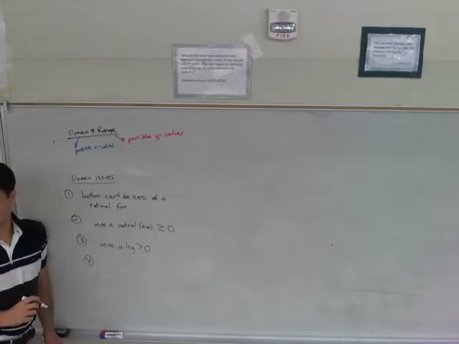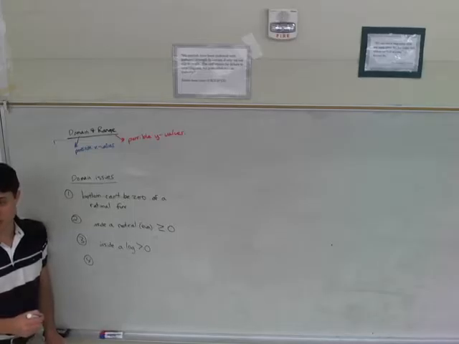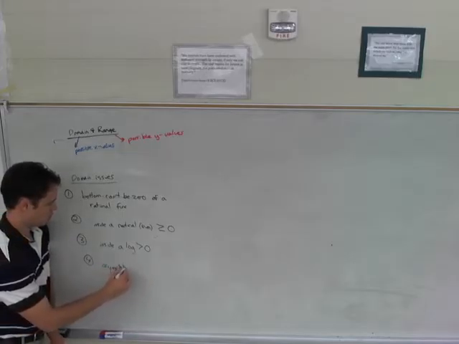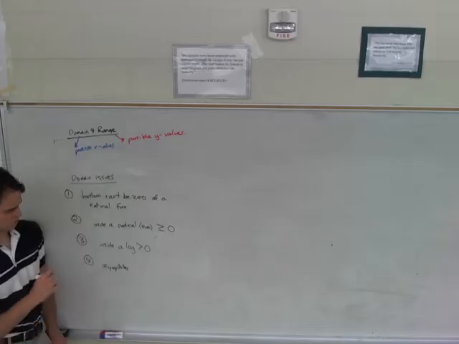Sine and cosine are fine, but other trig functions, they all have what? Tangent. They all have asymptotes, and each asymptote is a hole in the domain. It's an impenetrable area. So let's put asymptotes. It's a hard word.